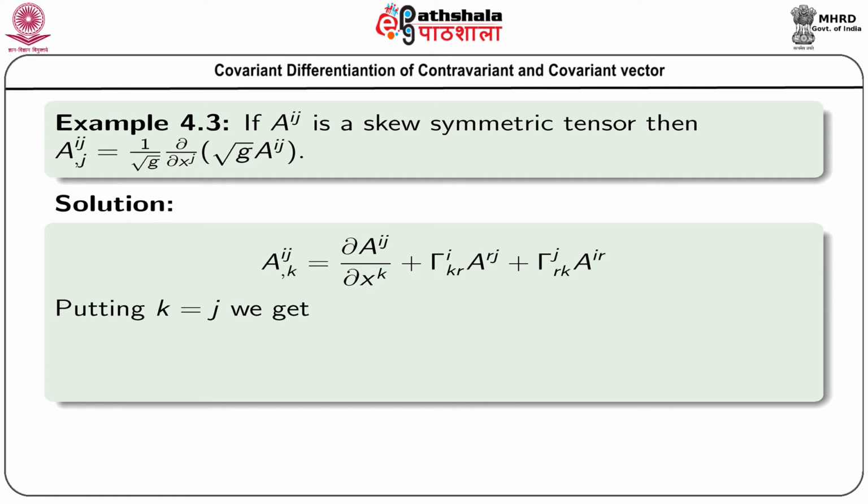Now, we know by the previous expression that A i j comma k equals del A i j by del x k plus gamma i k r A r j plus gamma j r k A i r. Now, putting k equal to j and summing over it, we get A i j comma j equals del A i j by del x j plus gamma i j r A r j plus gamma j r j A i r.